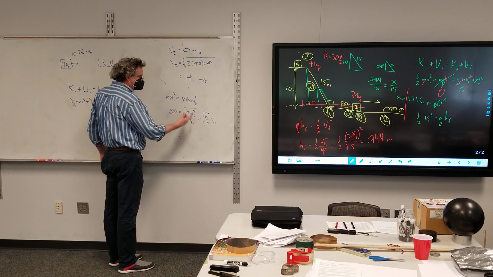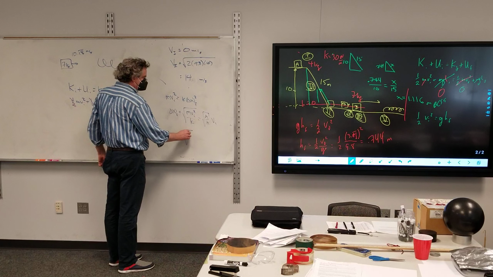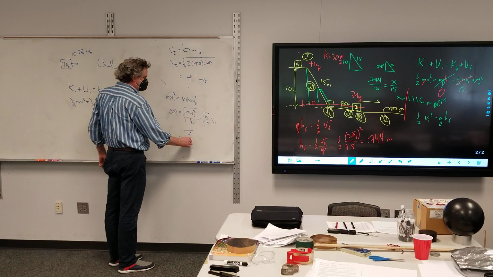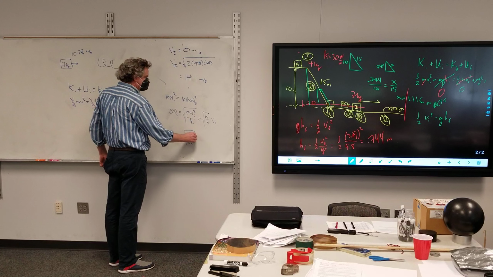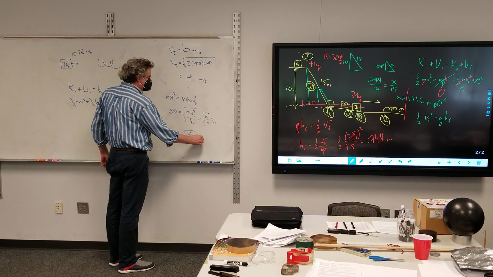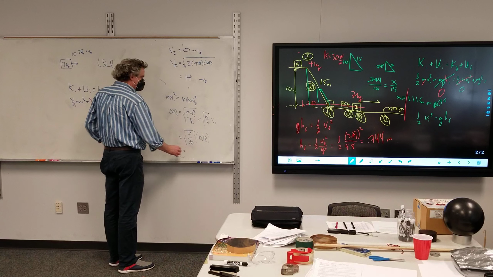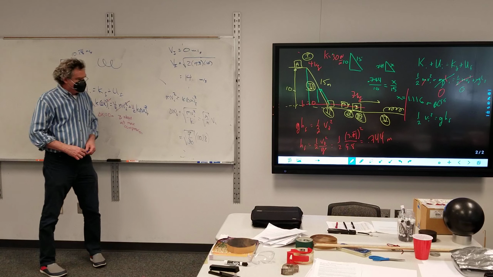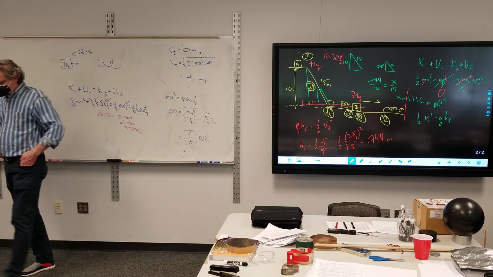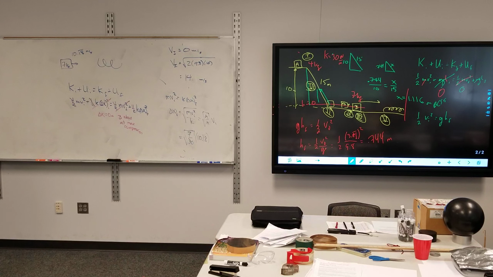And so this is the square root of 7/30 times 10.18. Uh, 2.4.